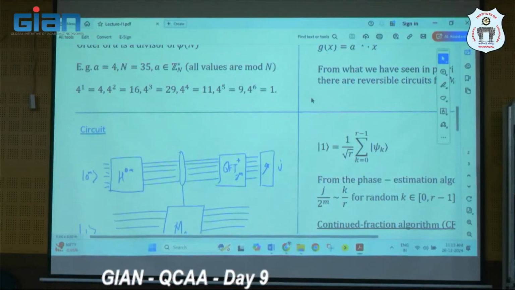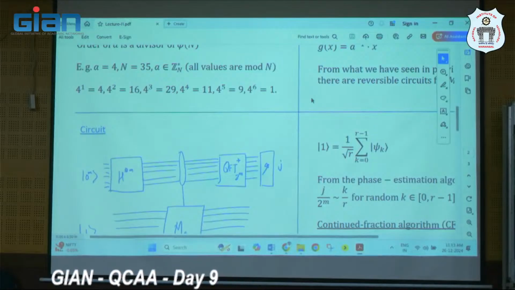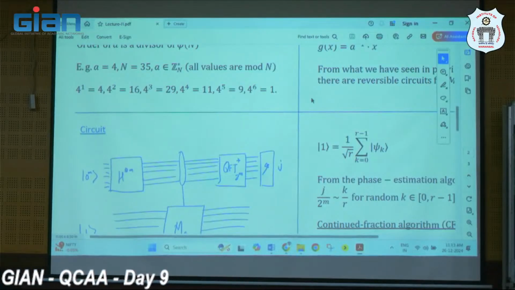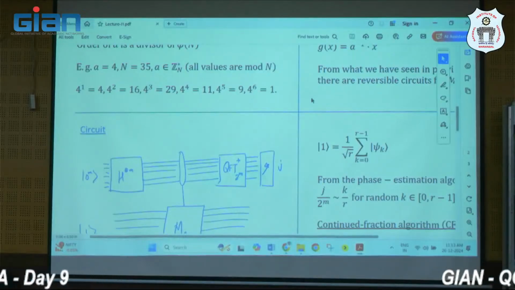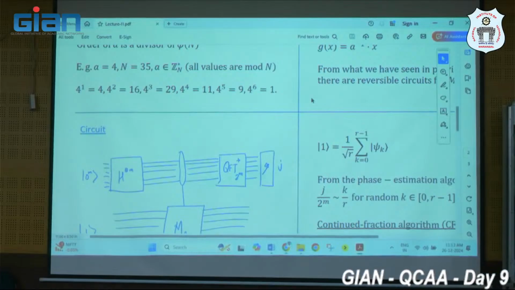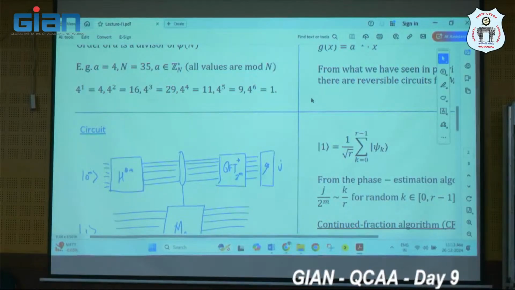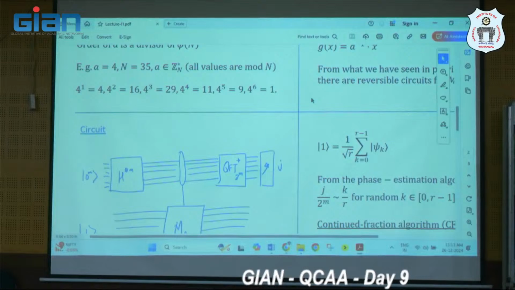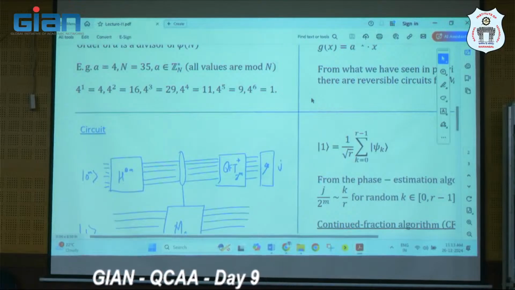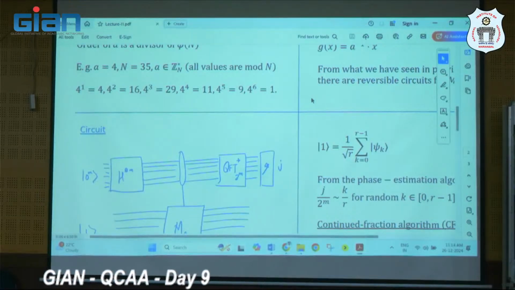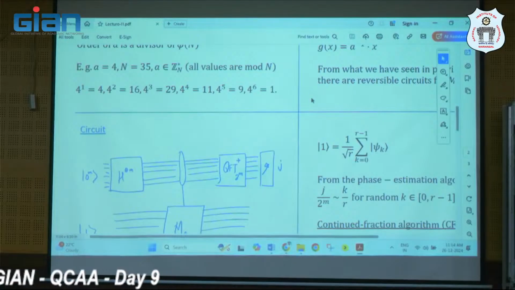Now 4 to the power 4. You will need a calculator. Correct. 250 mod 35. What is it? Calculator. You have calculator? You can check out in your phone. 11 is correct.